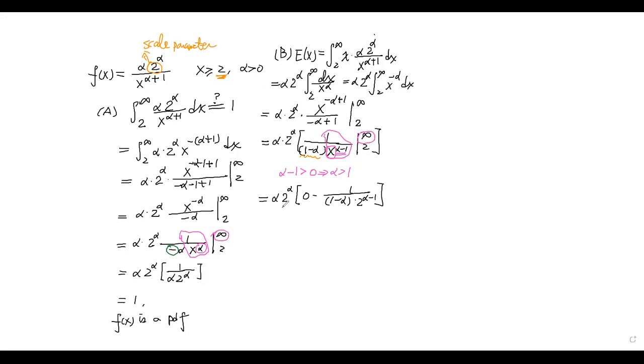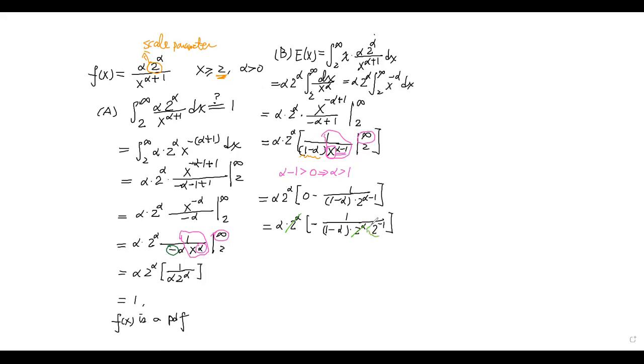Now let's simplify this a little bit. It's 2 to the alpha. So here I have 0 minus, you put the 2, so this is a minus, and then 1 minus alpha. I can write this as 2 alpha times 2 to the negative 1. Then I will be able to cancel the 2 alpha here.